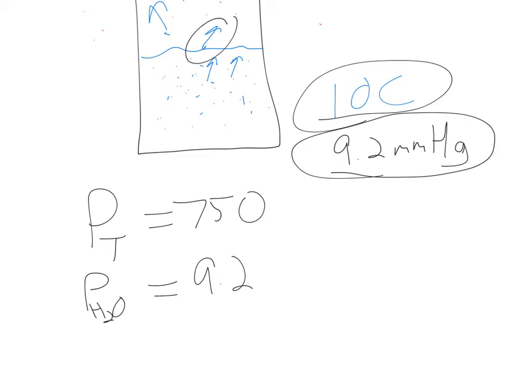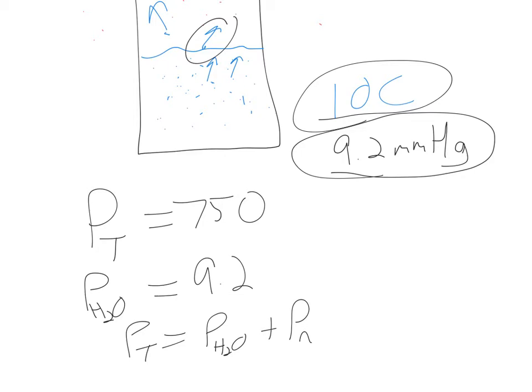And remember, the total pressure is the sum of all the individual pressures of all the gases in that container, although in this case the container is just the air, right? I'm outside, I'm above the lake, that's it. So the total pressure would be equal to the water vapor pressure plus all the other gases in there.